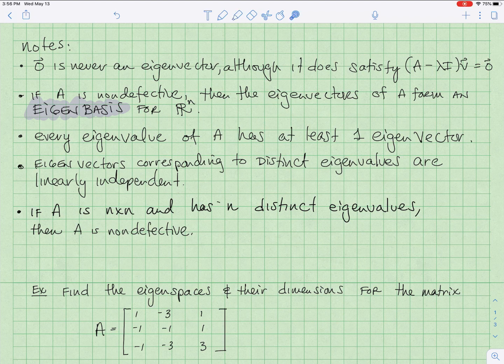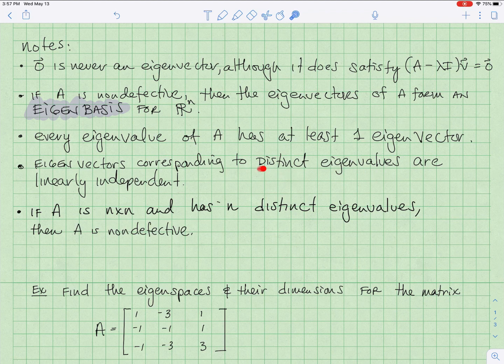Now, every eigenvalue of A has at least one eigenvector. So if you have a standalone eigenvalue, it is always going to generate at least one eigenvector. It might generate more, but it'll always have at least one. And that leads us into the next 2 ideas: eigenvectors corresponding to distinct eigenvalues.